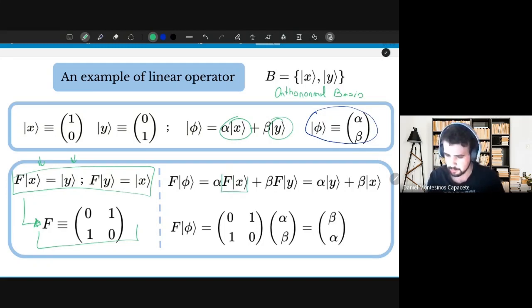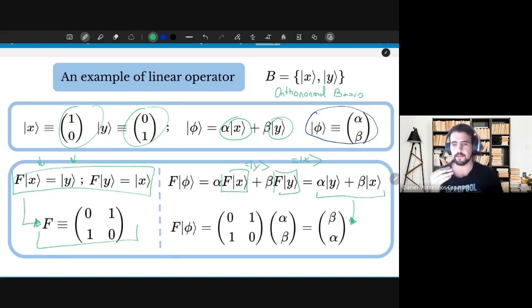And this is this one, and this is this other vector. So at the end, you have this. And if you see this definition here, this is going to be the same as this one.